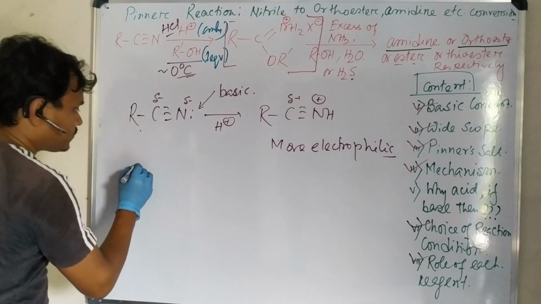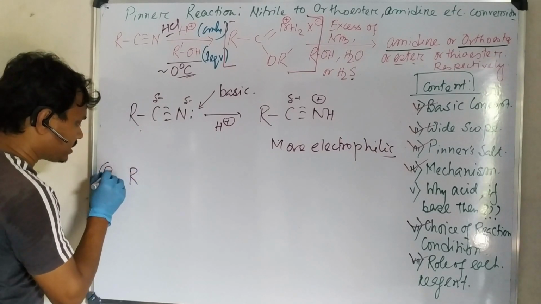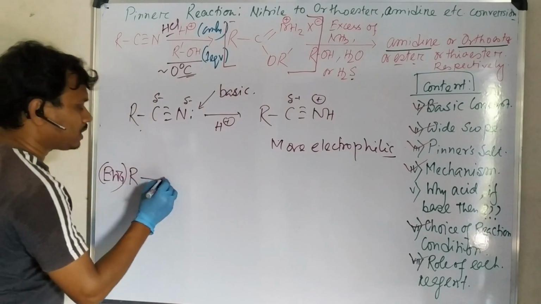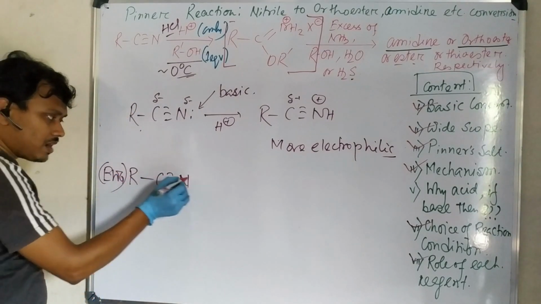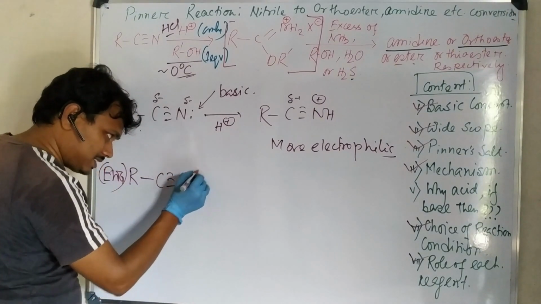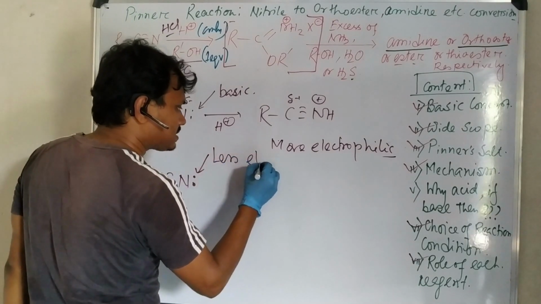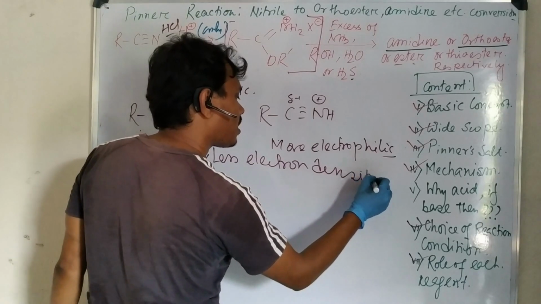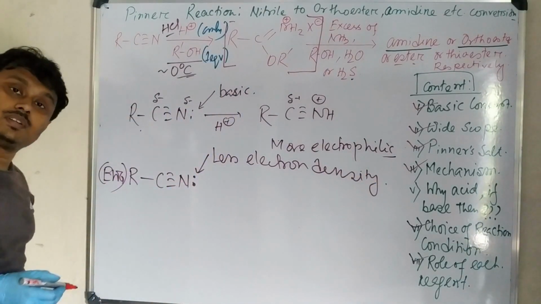Okay. Is it true that it will always be protonated? No. If these have a strongly electron withdrawing group, then what happens? The availability of electron density on the nitrogen is low, so less electron density. You may think, how, if this is not involved in resonance?